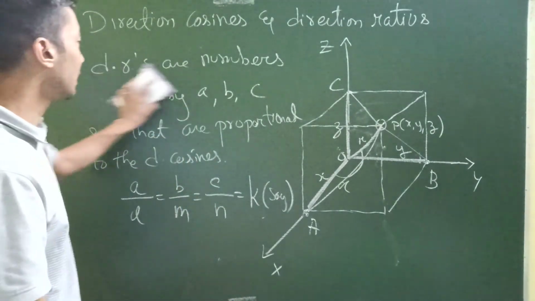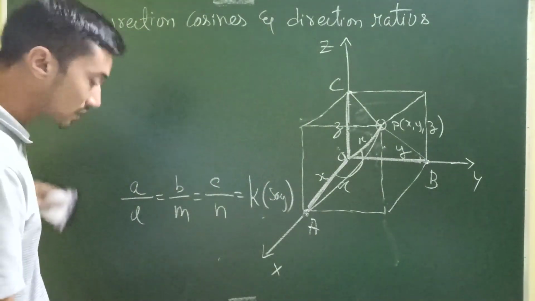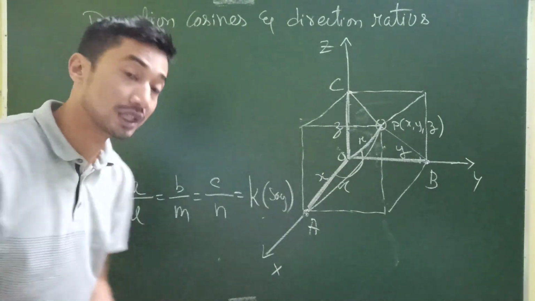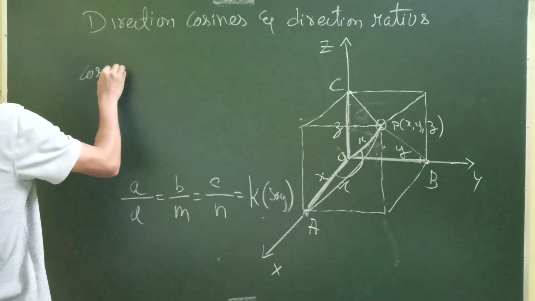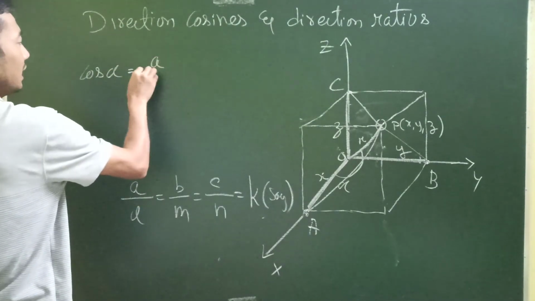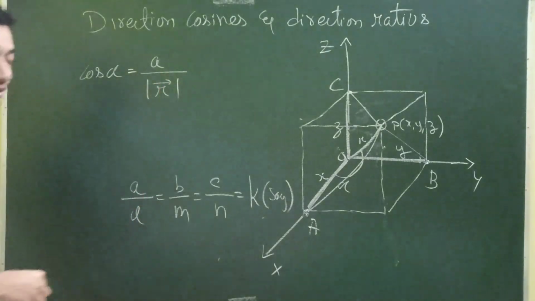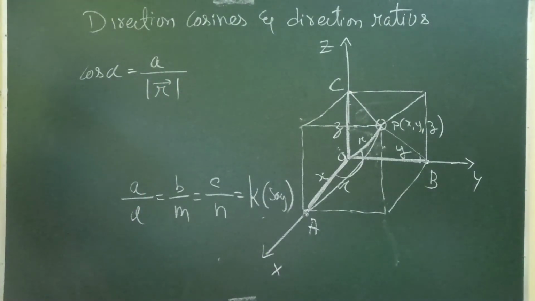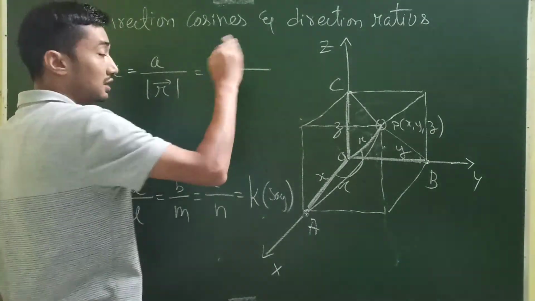Direction ratios. And then ultimately, what is the relationship between direction ratios and direction cosines? The direction cosine cos alpha will be given by A upon the magnitude of the position vector of the given point, where A represents the direction ratio.